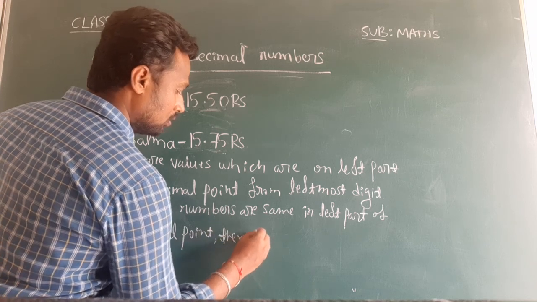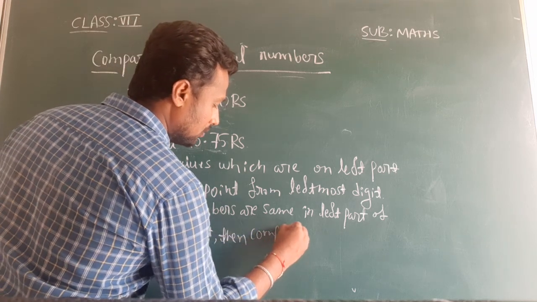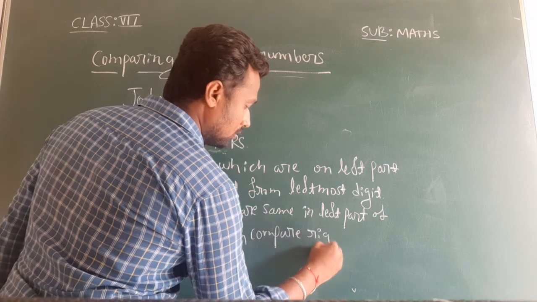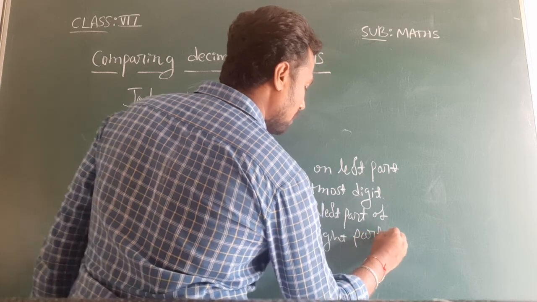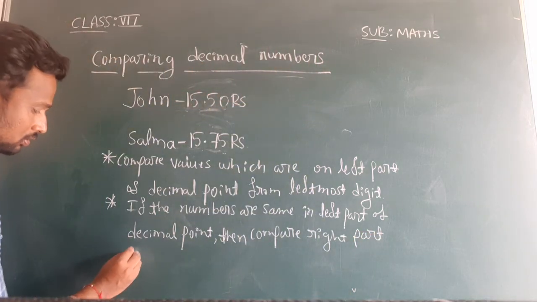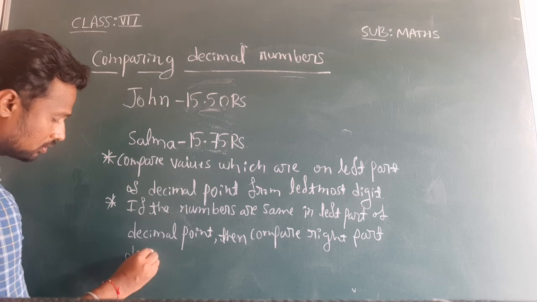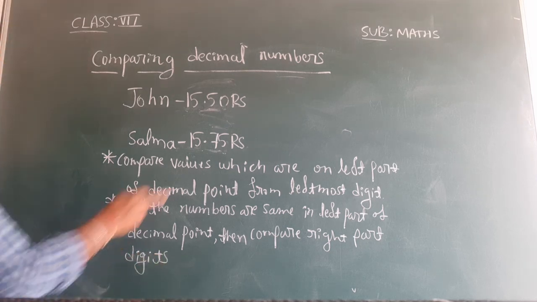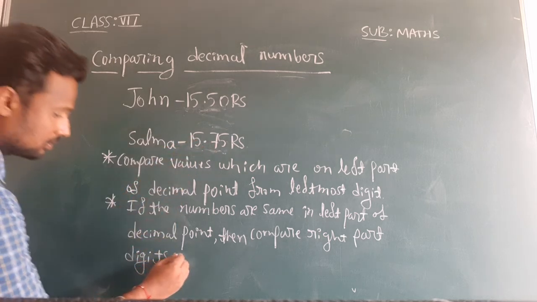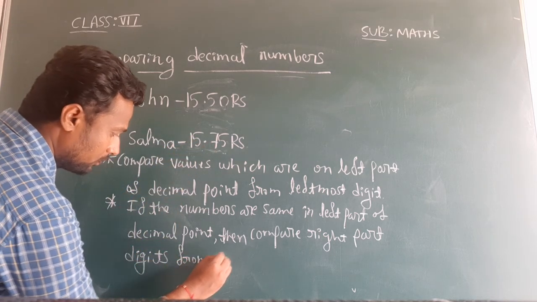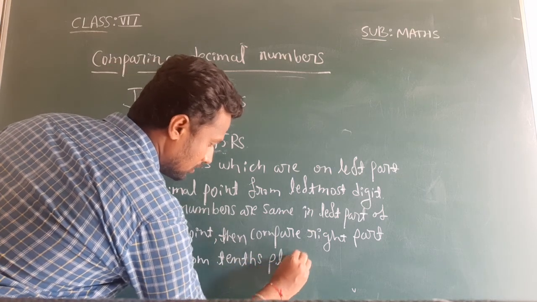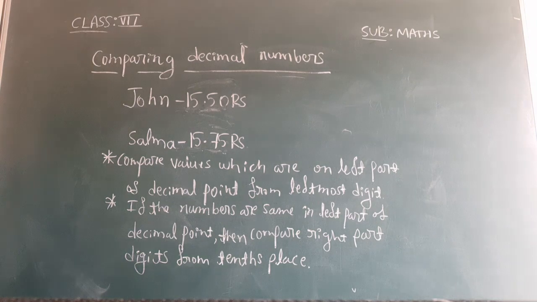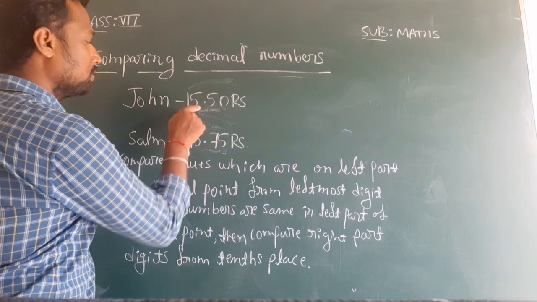Then compare right part digits from tens place. Okay. So now you can see here on the left-hand side these two numbers are the same.